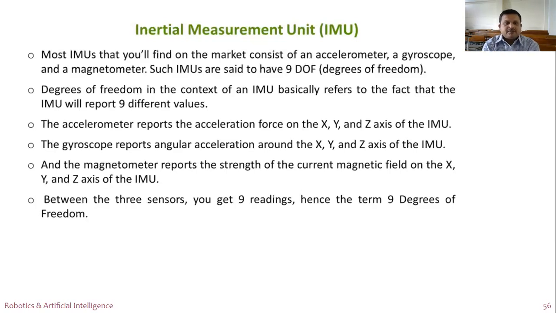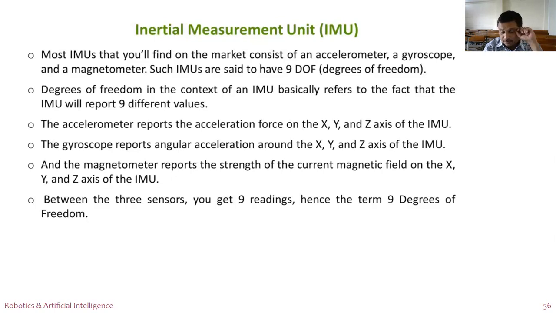Most IMUs that you will find on the market consist of an accelerometer, a gyroscope, and a magnetometer. Such IMUs are said to have 9 degrees of freedom. Degrees of freedom in the context of an IMU basically refers to the fact that the IMU will report 9 different values.